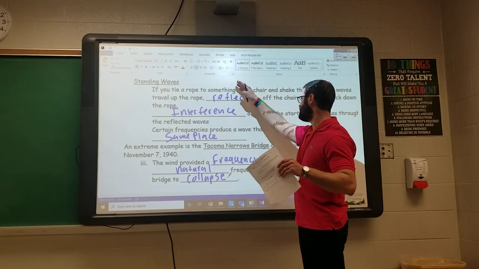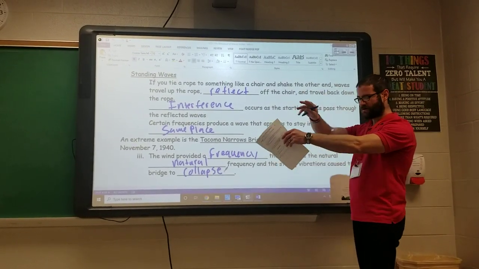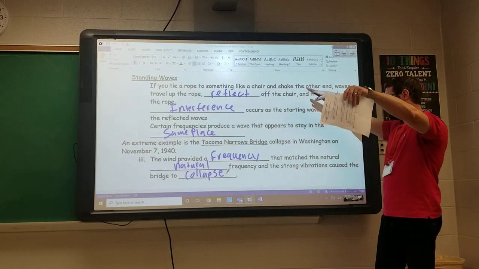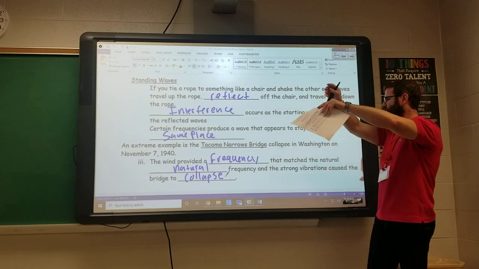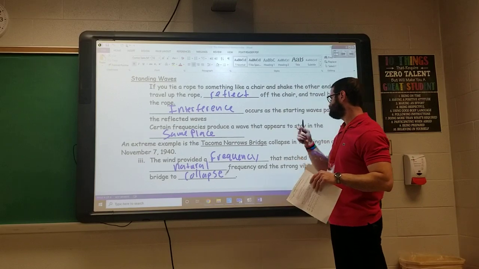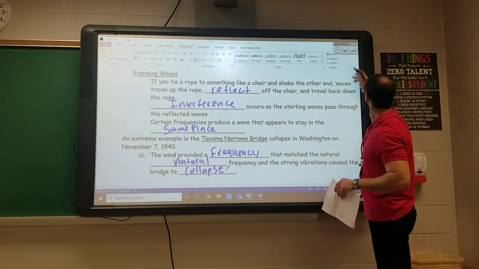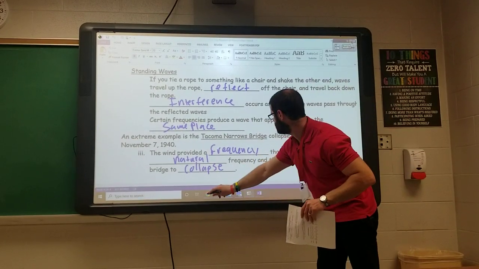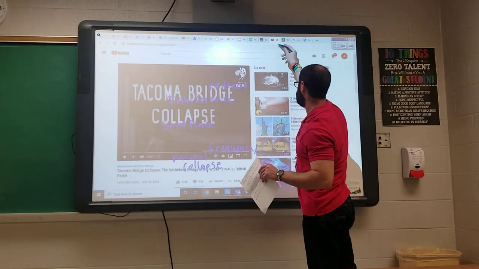Again, standing waves occur when we have incoming waves interfering with reflected waves, and we have a wave that appears to be in place, with the peaks being the constructive interference, and the places with no amplitude being destructive interference. So let's look at an example of the bridge collapse.